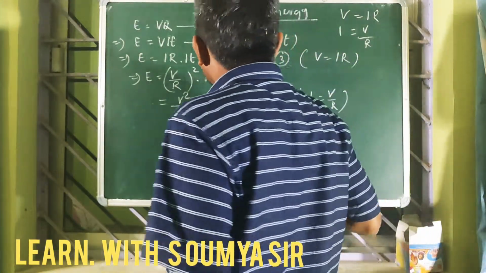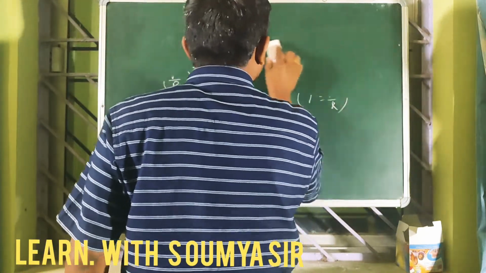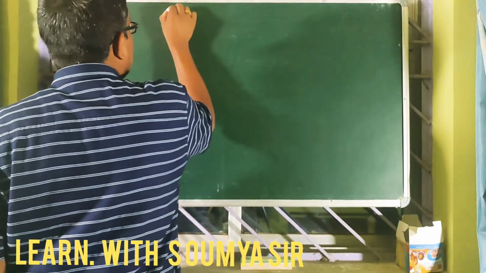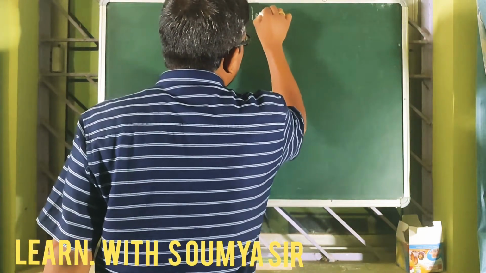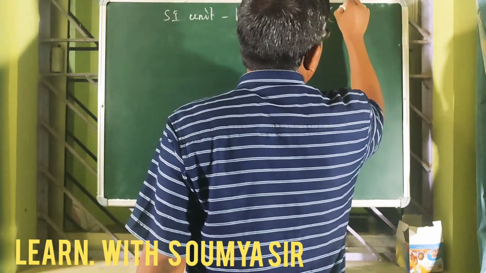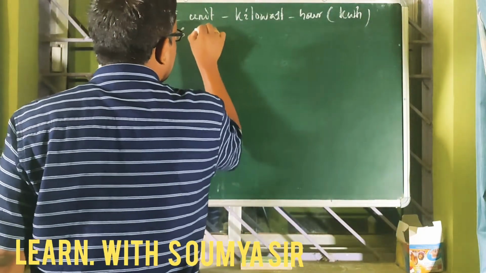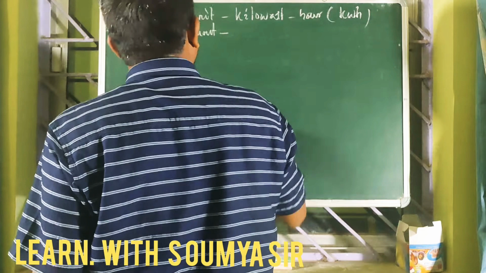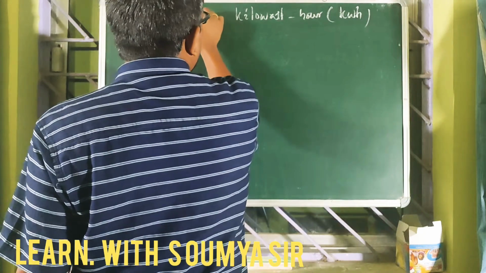Now, what is the unit of electric energy? The SI unit of electric energy is kilowatt hour, which we write as kWh.